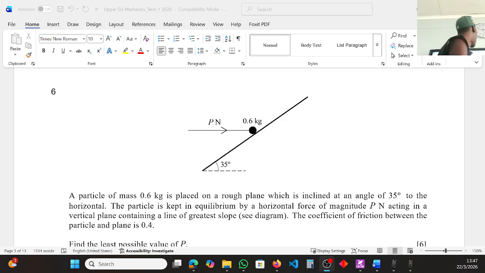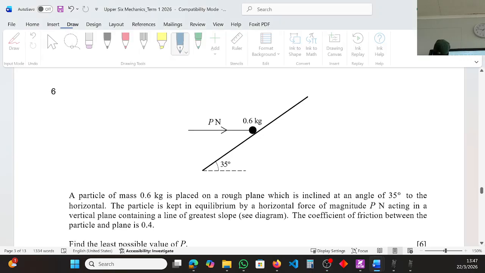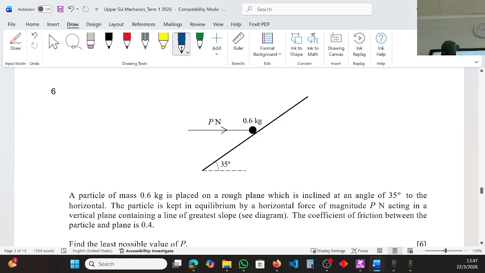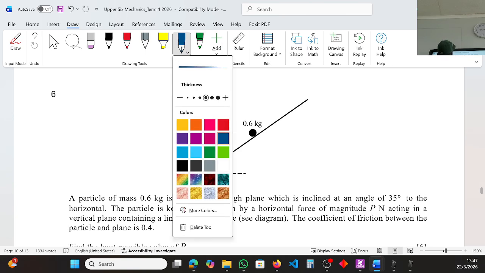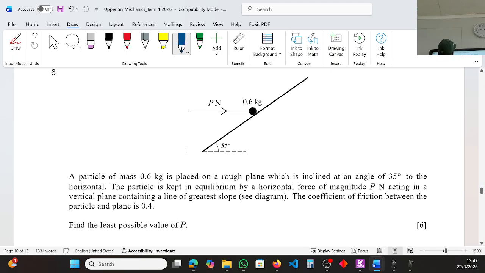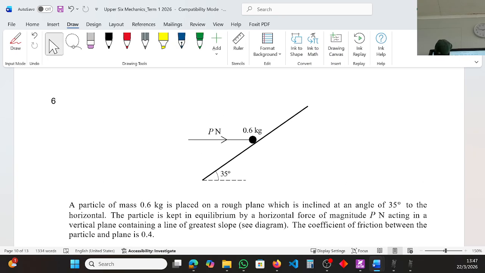Okay, there we go. This time around, we have a force acting at an angle. And normally we have forces to the right-hand side of the object. But let's see how best we can play with this.